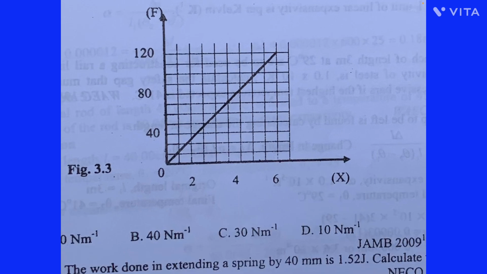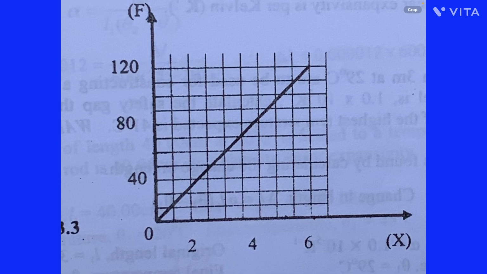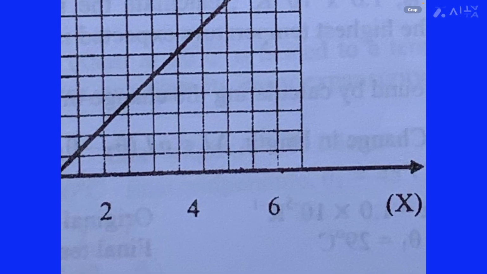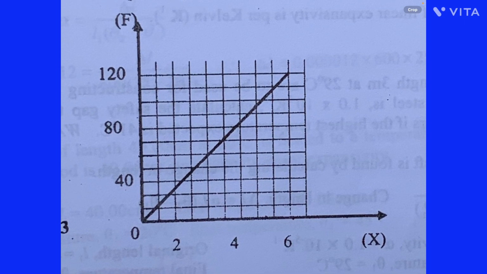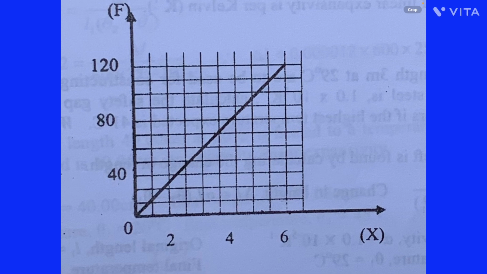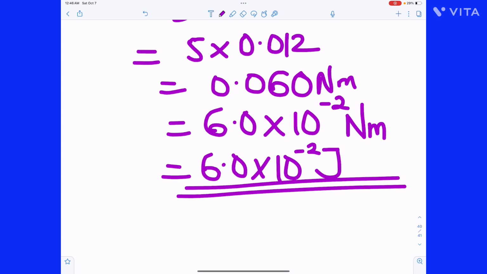If you look at this graph very well, this vertical axis is for force and the horizontal axis is for extension. Trace it from 120 newtons to the right and down, and you will notice that the 120 newton force produces an extension of 6 meters.